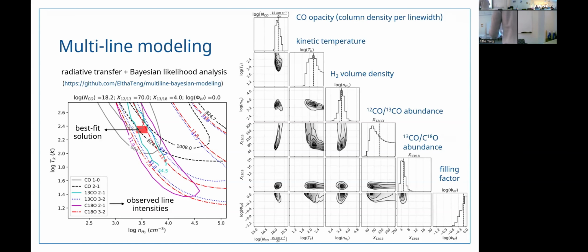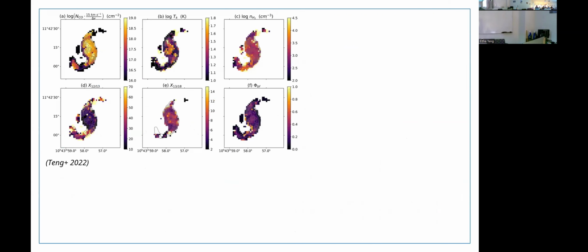I won't go into the technical details of the modeling, but the main idea is that we simultaneously constrain all 6 parameters that are relevant to controlling alpha CO variations, including the CO opacity, temperature, density, and the isotope abundances. And then we do this modeling pixel by pixel so that eventually we can obtain maps like this, which shows our model solution for each parameter and each pixel.